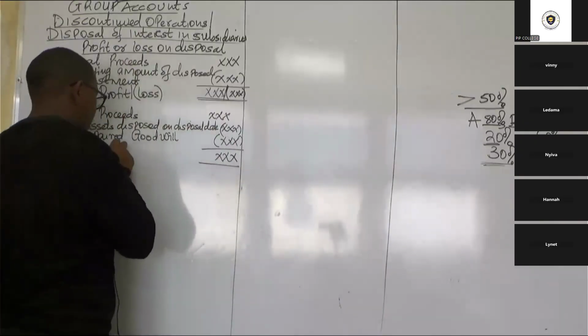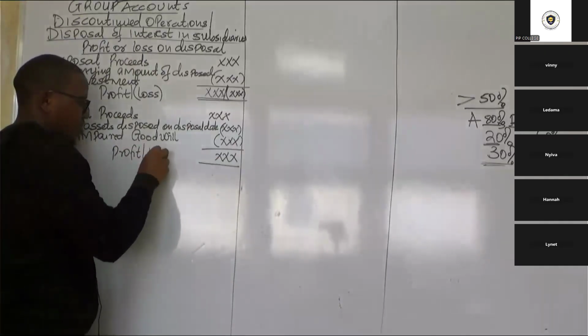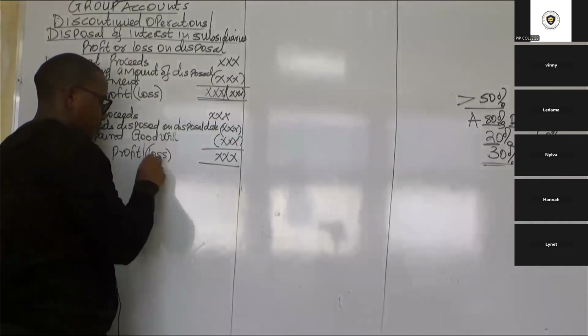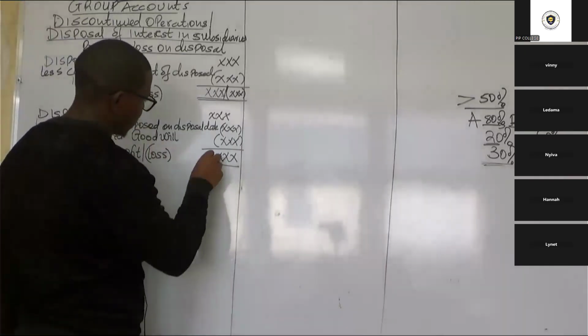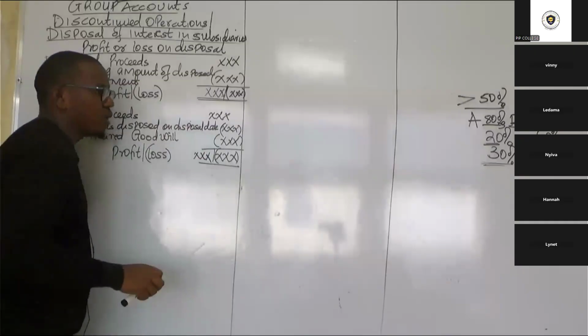So that is how we get the profit or loss on disposal.